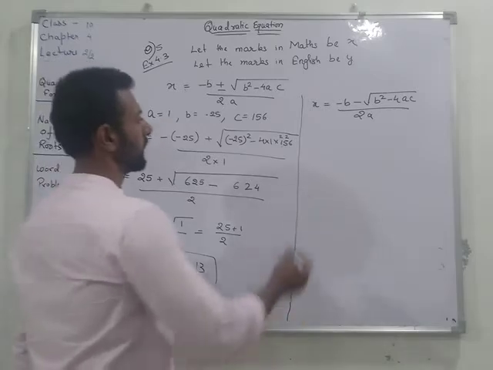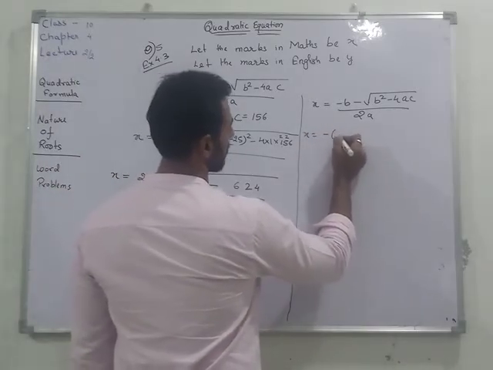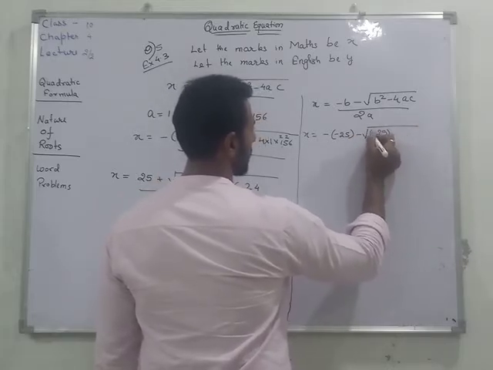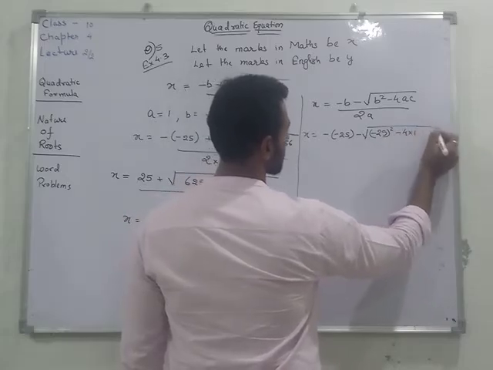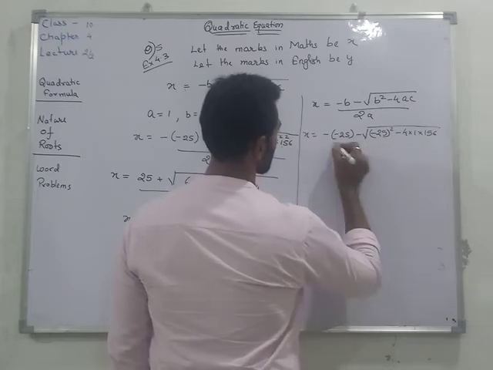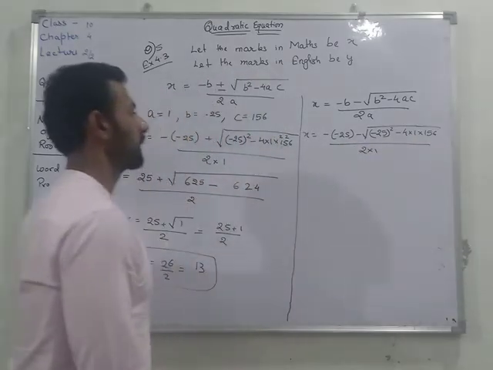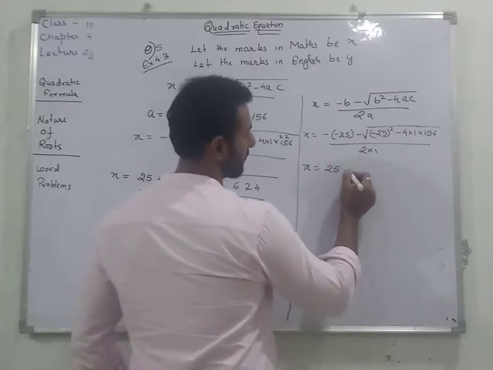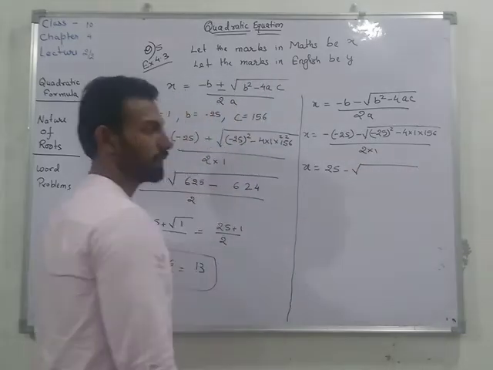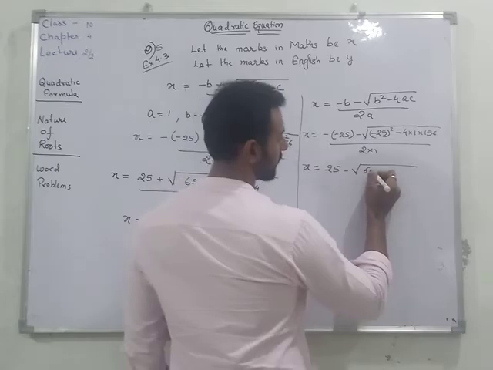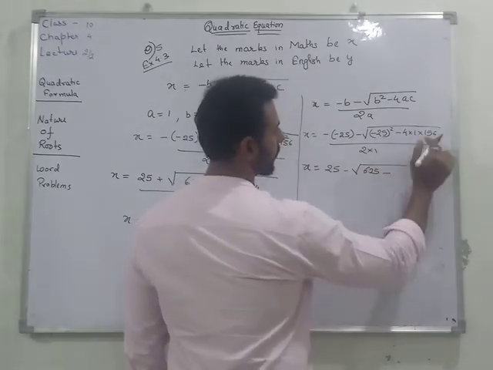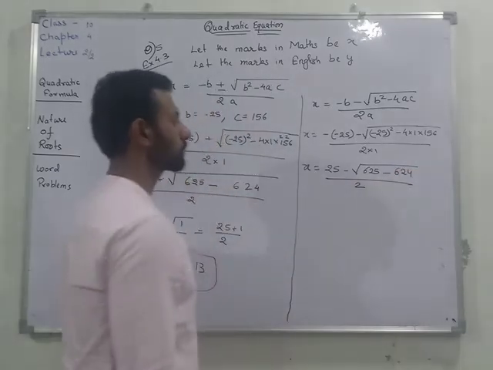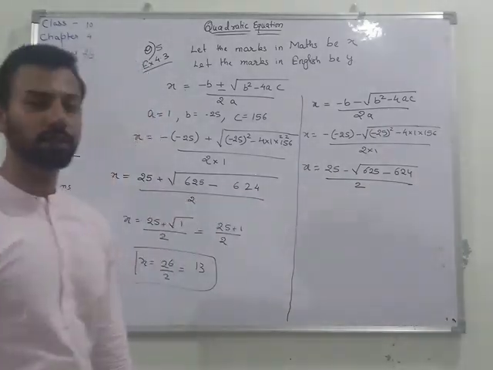Substituting the values, x is equal to minus of minus 25 minus under root of 25 square minus 4 into 1 into 156 upon 2. 25 square is 625 minus 4 into 156 which is 624, so 625 minus 624 is 1.